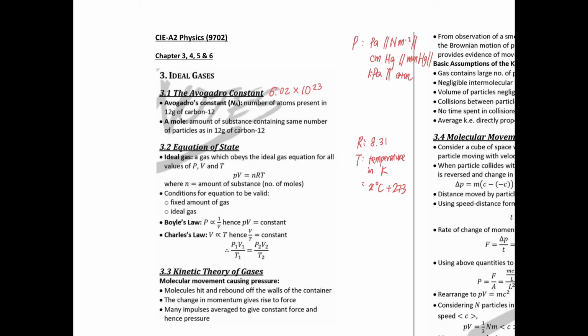So which unit should we take? It is fixed actually. You take Pascal, and your volume must match accordingly. Your volume must use meter cube. So this is what we call the SI unit, Pascal and meter cube. And then sometimes you can use kilopascal, which matches with dm cube. This is okay also.